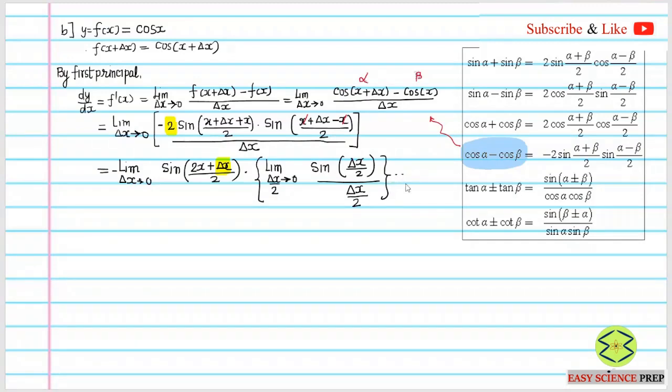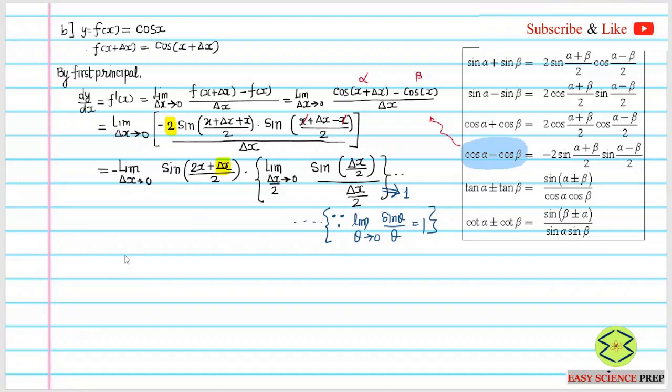What is the standard result? Limit theta tends to 0, sine theta over theta equals 1. So we can use this standard result, and this whole value would give you 1.